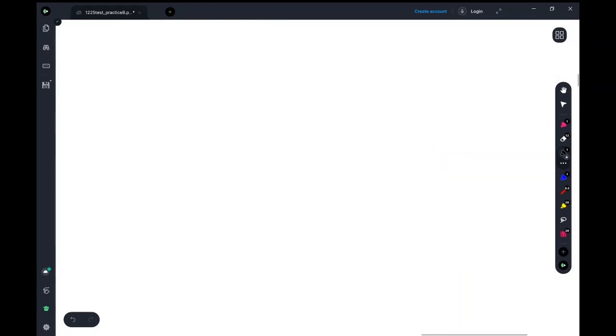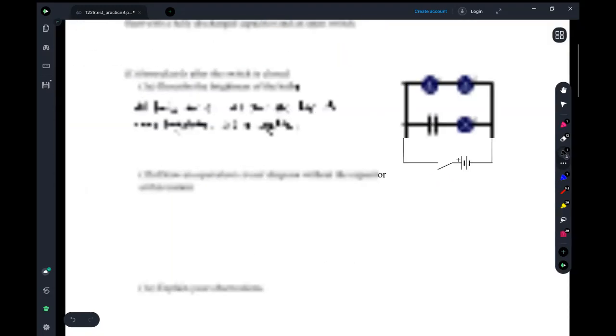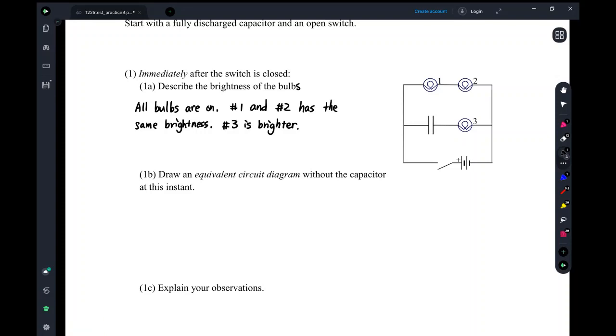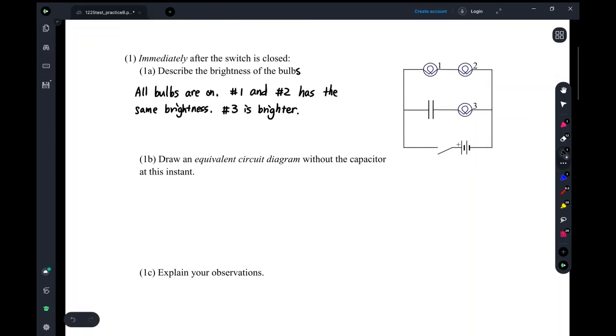Now draw an equivalent circuit diagram without the capacitor at this instant. To draw the circuit diagram, you can use what we said in class. When the capacitor is empty, not fully discharged, the voltage across it is 0. Charge is 0, V is 0, so it acts like a wire.